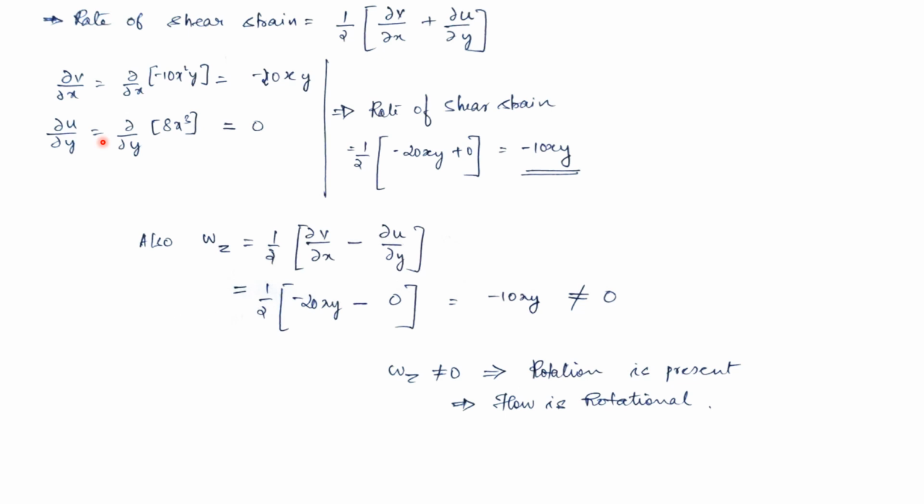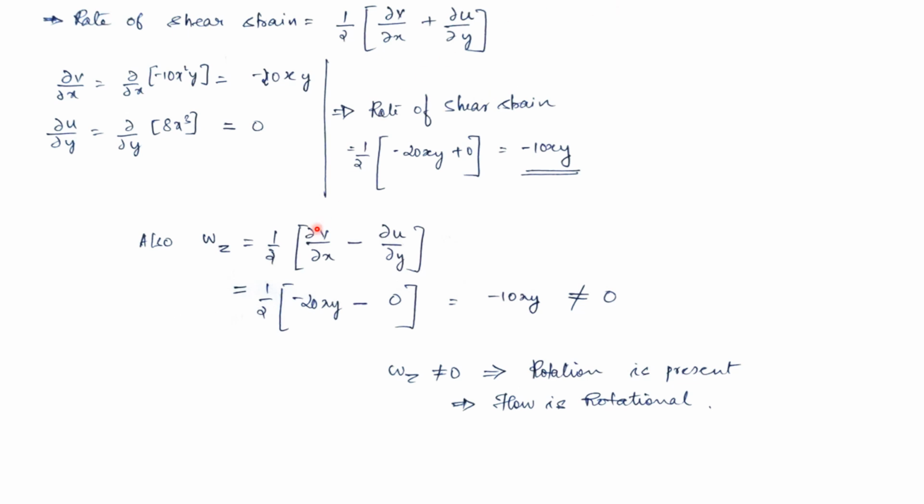The velocity in the x axis is 8x cube, that means u is 8x cube. So dou by dou y of 8x cube, what will that be? It will be equal to 0. So the rate of shear strain would be half of minus 20xy plus 0, that means minus 10xy. Okay.